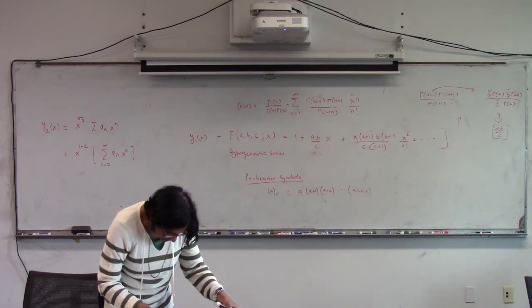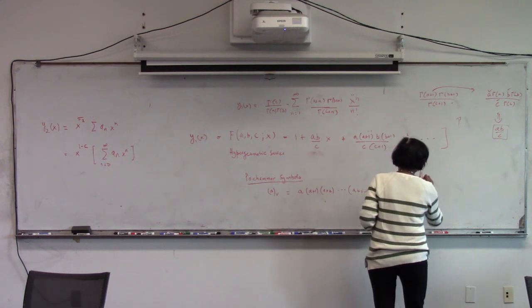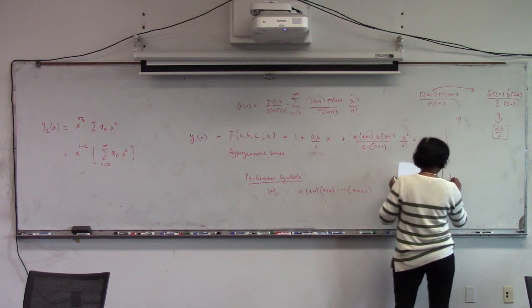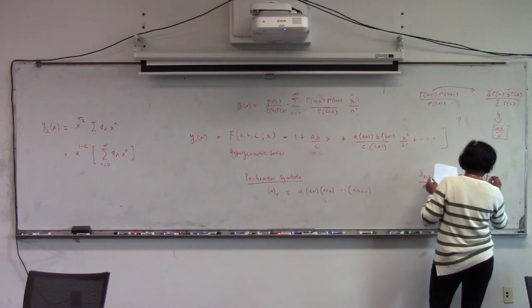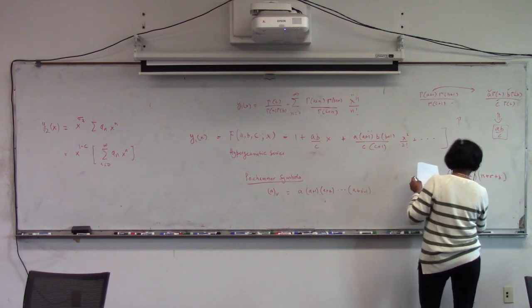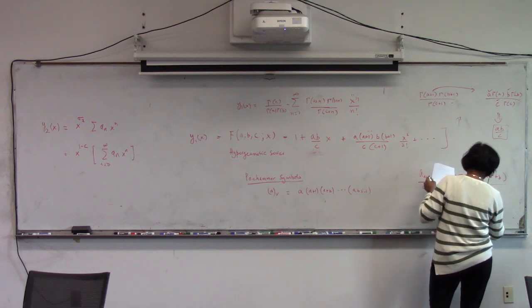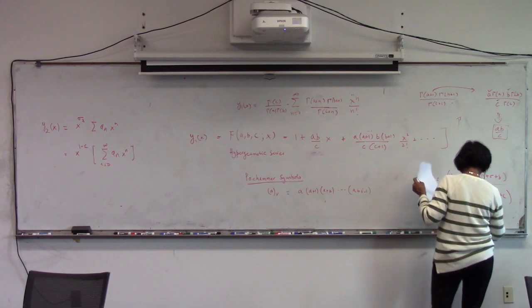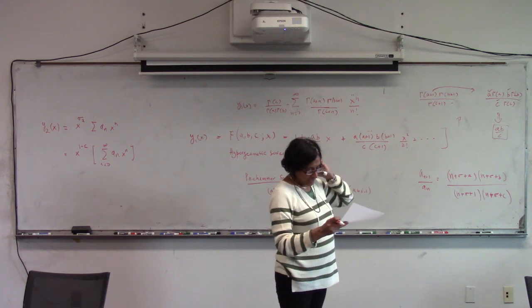I erased it. So that is the recursion relationship in a general form we got.